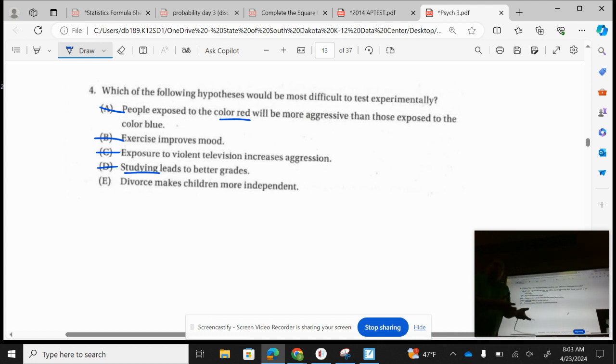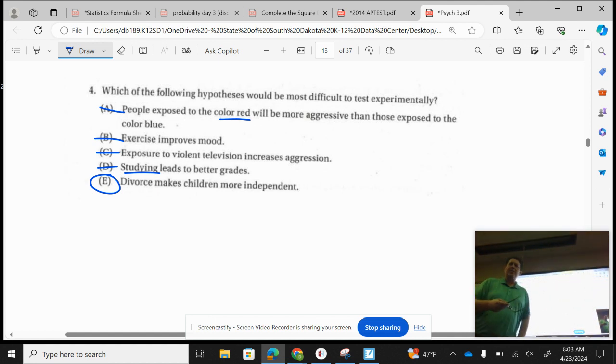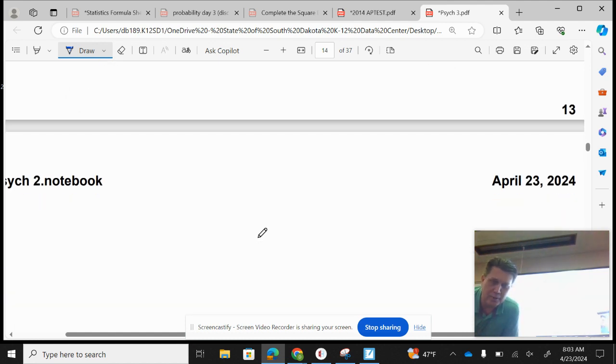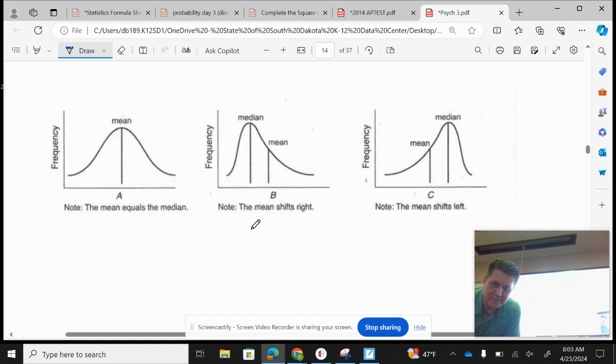And we could have them not study for a test or study for a test. But this one, divorce makes children more independent. Okay, we're not going to assign people to get divorced or not get divorced. That's something that happens. So you observe that, and that would be a great example of an observational study rather than an experiment.